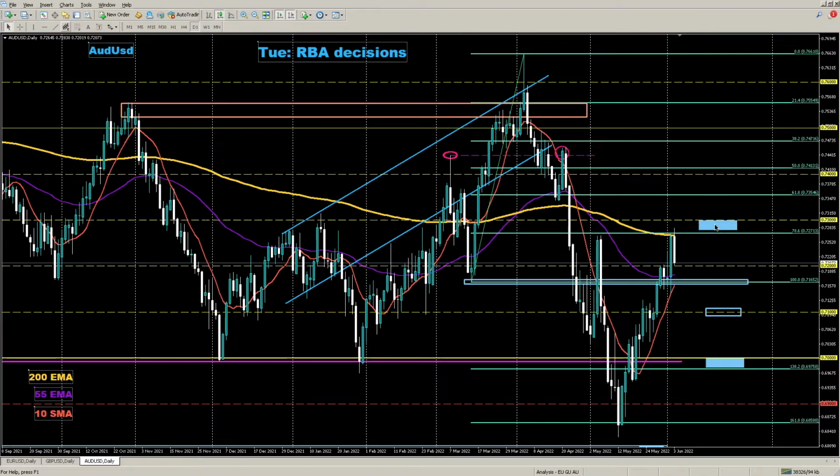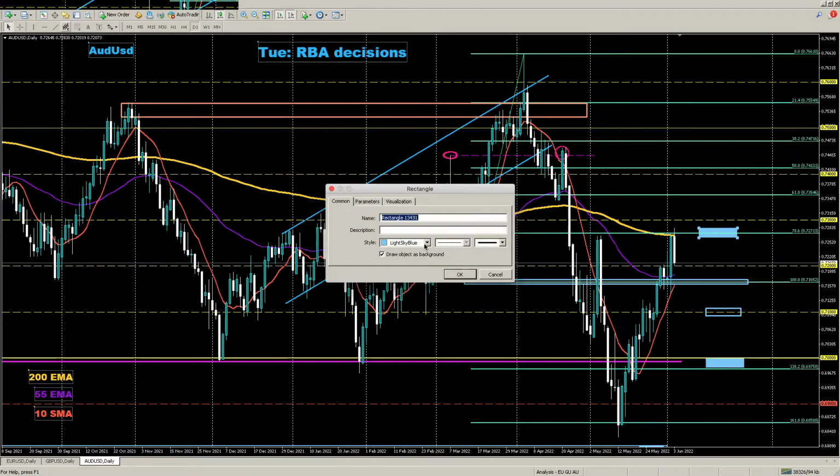And a major one up here above that at the 786 and the daily 200 EMA. That's the major resistance.